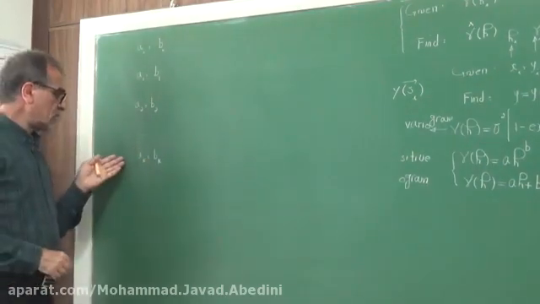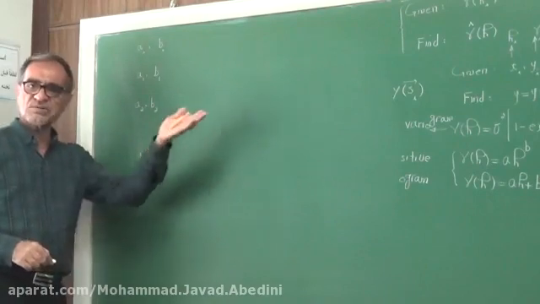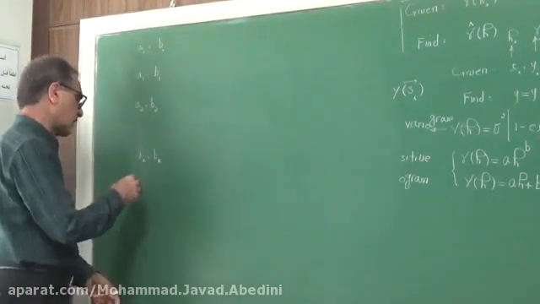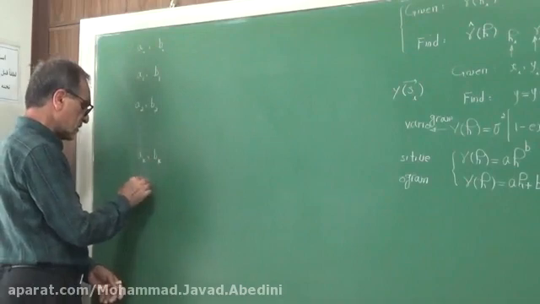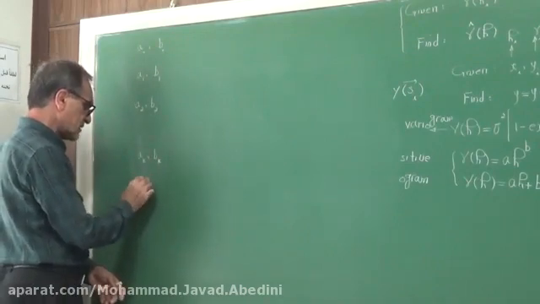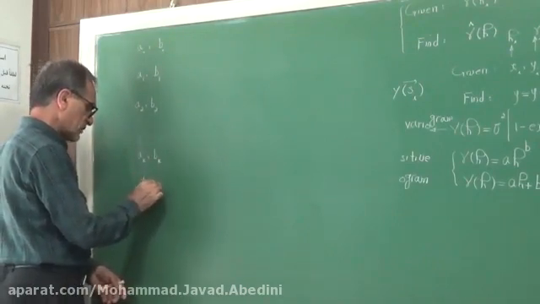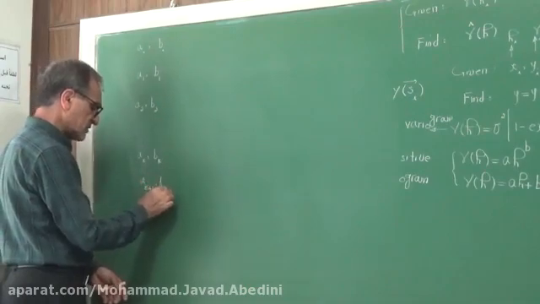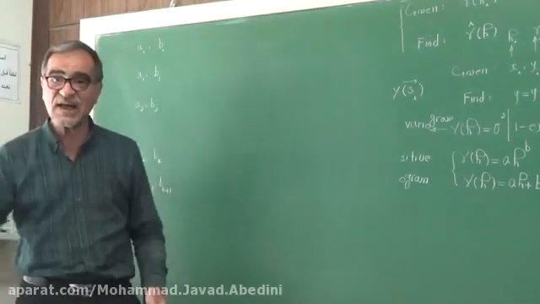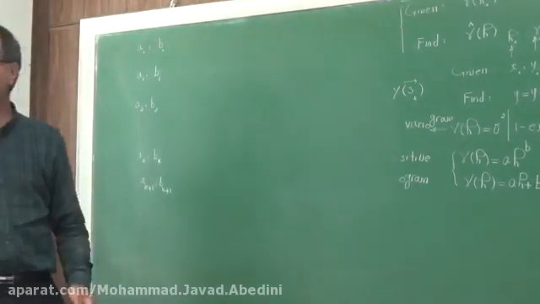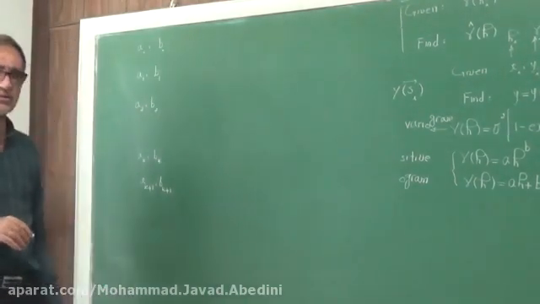And then if you plug AK and BK into that relationship, sooner or later you will realize that AK plus 1 and BK plus 1 will satisfy your stopping criteria. I know we'll talk about stopping criteria soon.